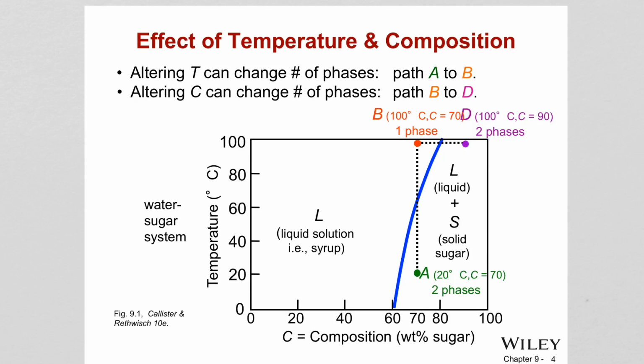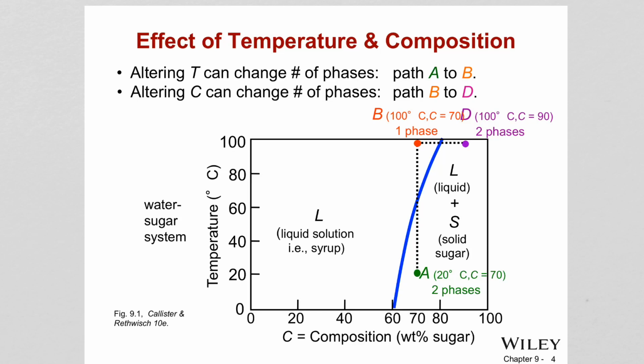So both the temperature and the composition affect what type of phase will be in equilibrium. So if you again look at the water-sugar system, as a function of composition and temperature, we are seeing what phases are in equilibrium.